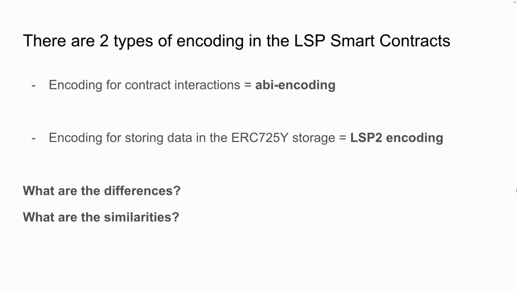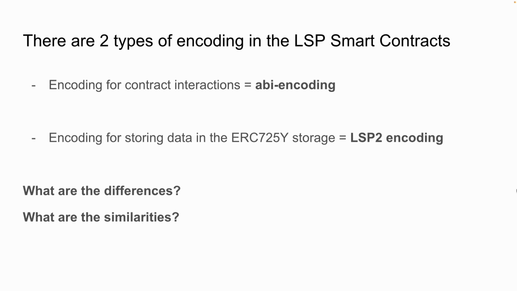The second encoding format is specific to the LSP smart contracts. It's how data is encoded and stored into the ERC725Y storage of an LSP smart contract. So this applies, for instance, in contracts like an LSP0 ERC725 account, a universal profile, or a digital asset like an LSP7 token or an LSP8 NFT.